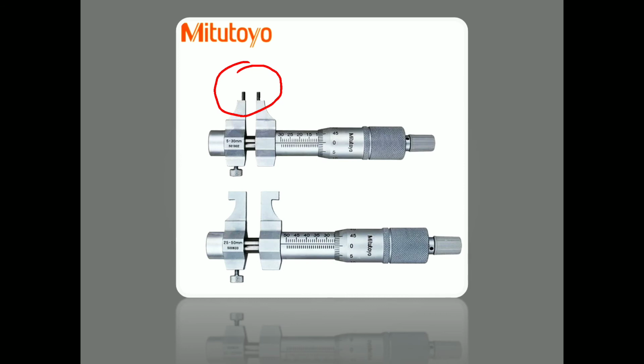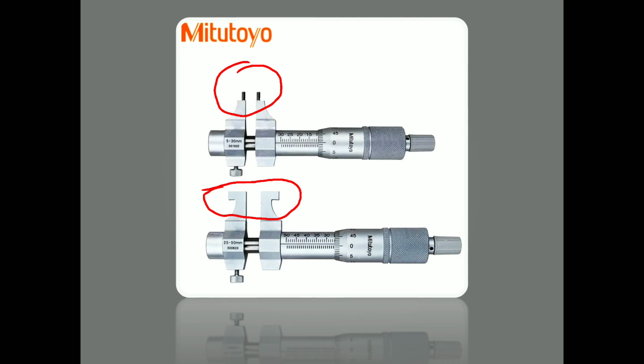Here you can also see these are used to measure the grooves inside the component, that may be circular, rectangular, etc. The other parameters are the same as your principal micrometer screw gauge.